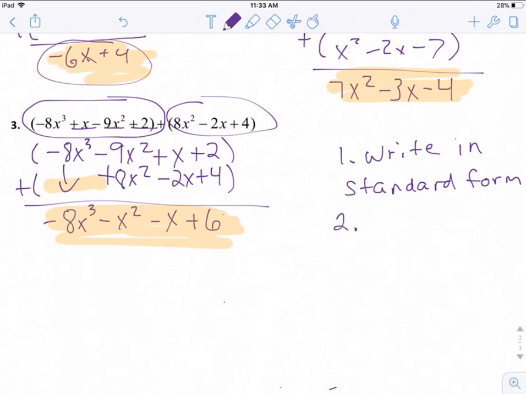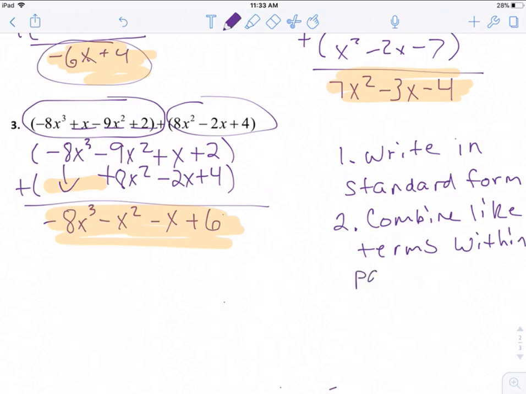Two, you would combine any like terms within parentheses if there were to be. We didn't have that example here.